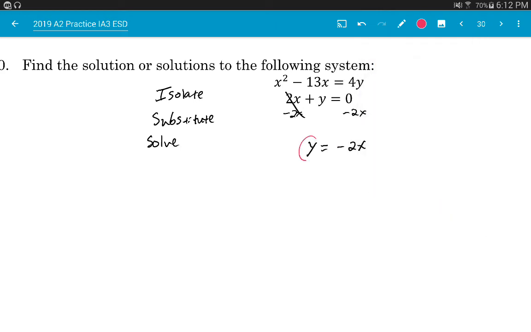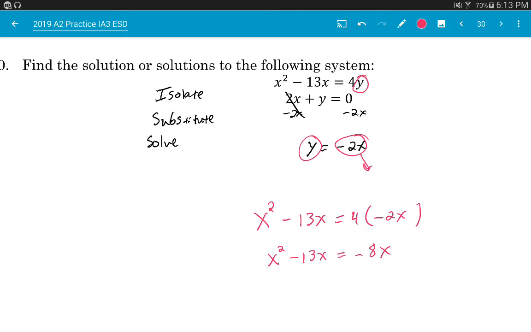This can be really helpful because y being equal to negative 2x, it can go in right there. So I'm going to rewrite this equation, x squared minus 13x equals 4y, but y gets replaced with negative 2x. So this tells me x squared minus 13x equals negative 8x.